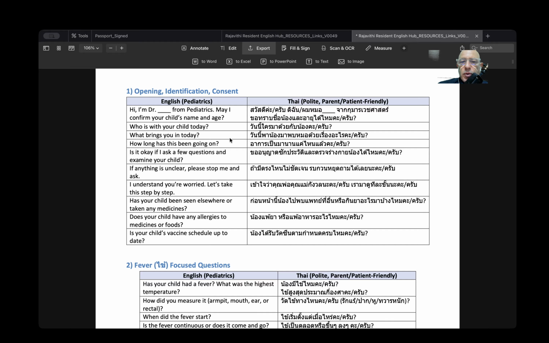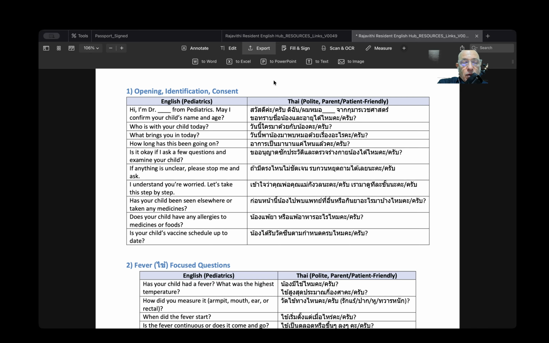Who is with your child today? This is polite Thai, parent and patient friendly. I am not great with Thai language, so I am not really skilled at reading this and determining whether it is accurate. You might want to check it out.